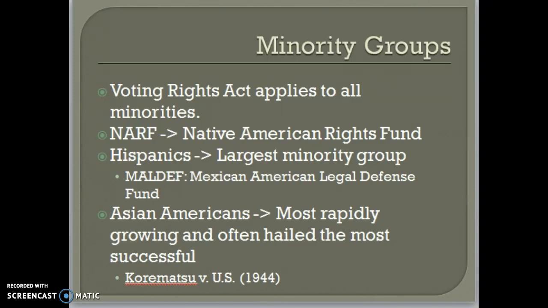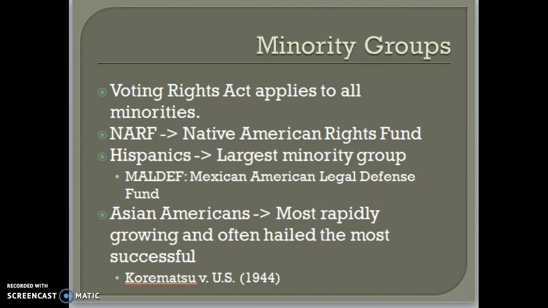Asian Americans are considered the most rapidly growing and often hailed as the most successful minority group in the United States. Especially when we look at most successful, I know there were a lot of discriminatory practices against Asians throughout the years, whether it was the Chinese in the 19th century or the Japanese in the mid to early 20th century, or the Vietnamese in the latter part of the 20th century.